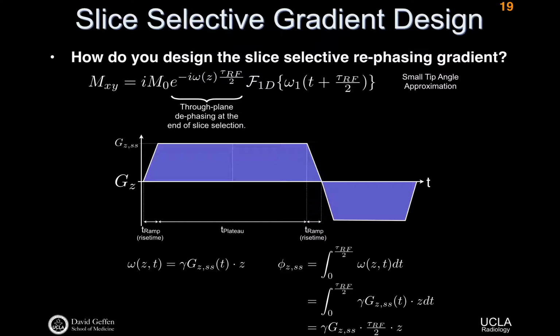It depends on gamma, the amplitude of the gradient, and the duration. The gradient amplitude and its duration are something about its area, right? And it depends on specifically where you are on the slice for how much phase you get through the slice. So this gradient here has to have an equal and opposite area to that which is contributed by the slice select gradient itself.